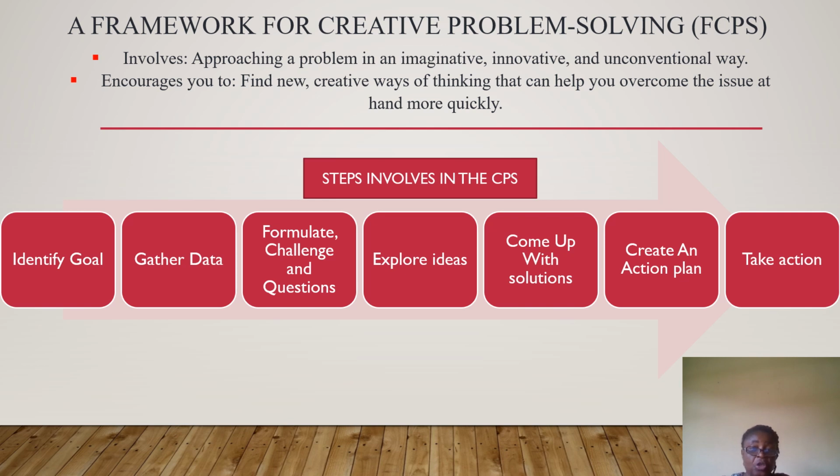It encourages you to find new, creative ways of thinking that can help you overcome issues at hand more quickly. So these are the steps involved, which we are going to look at one after the other. The first step here is that you must identify the goals.